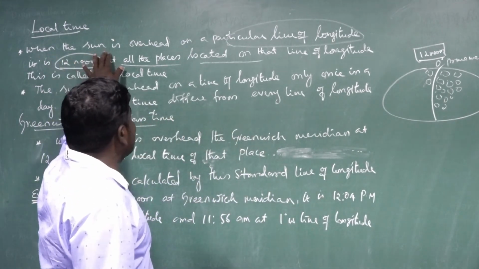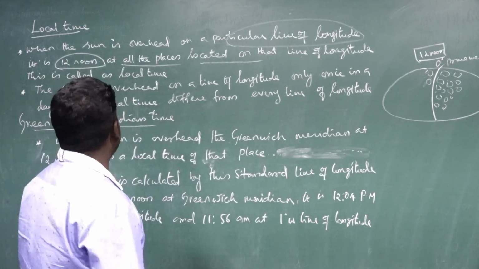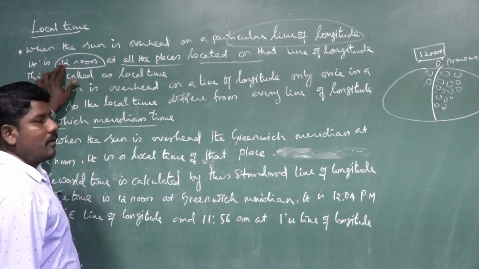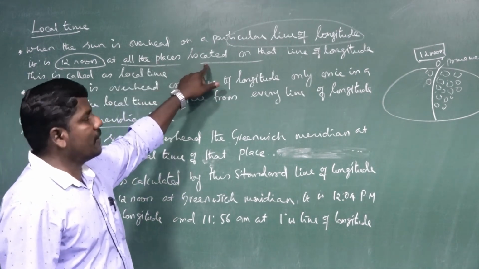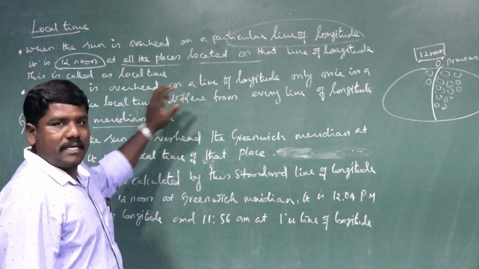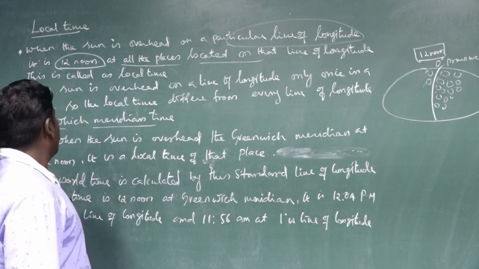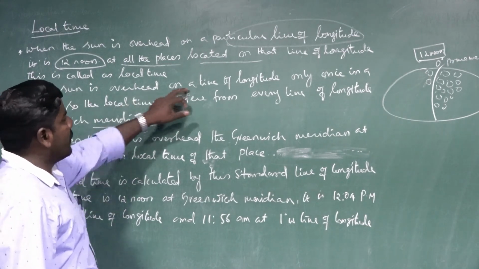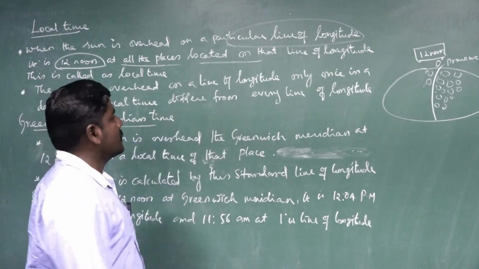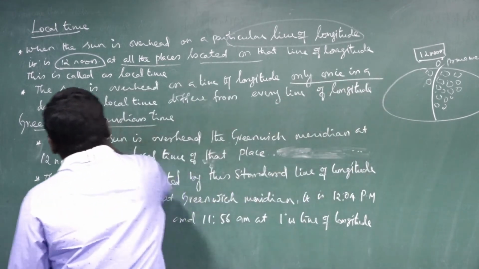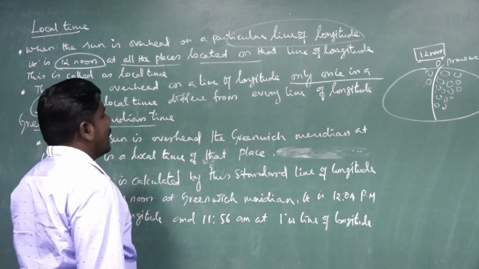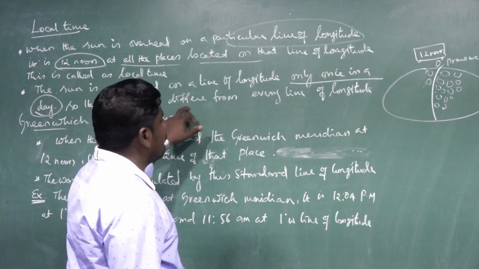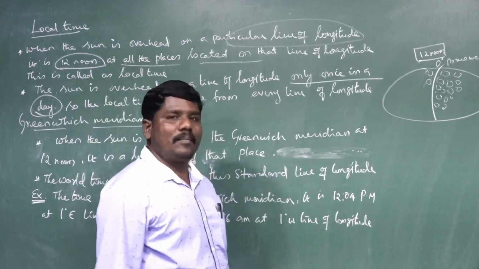So when the sun is overhead on a particular line of longitude, it is 12 noon at all the places located on that line. The sun is overhead on a line of longitude only once in a day. That is important.